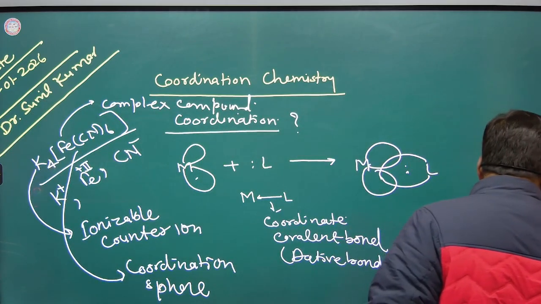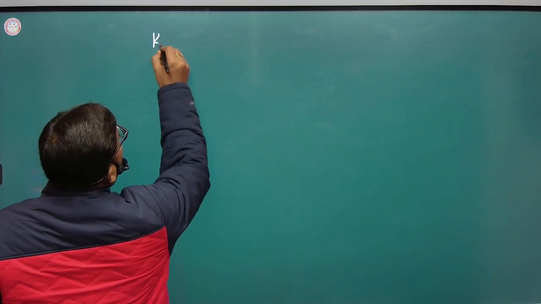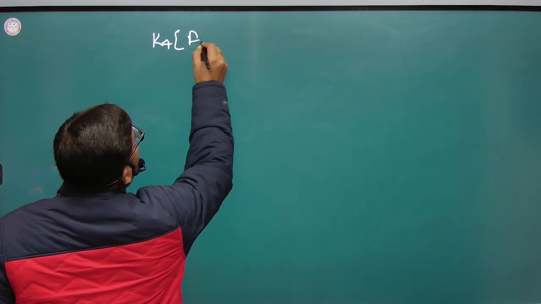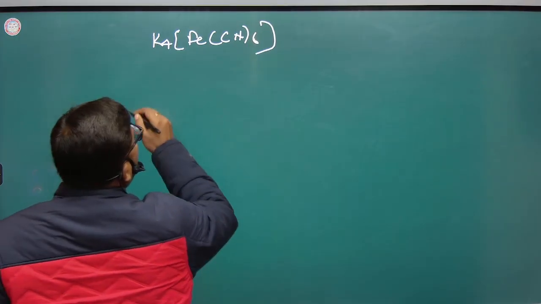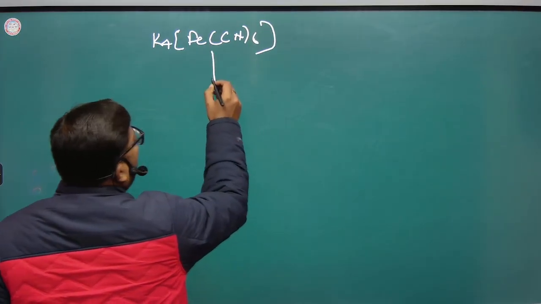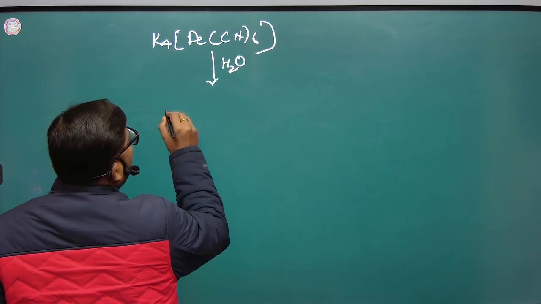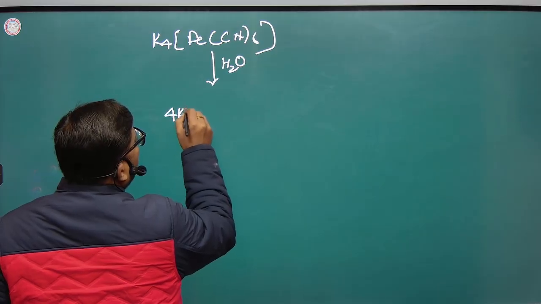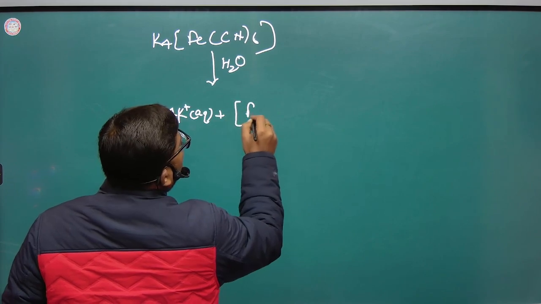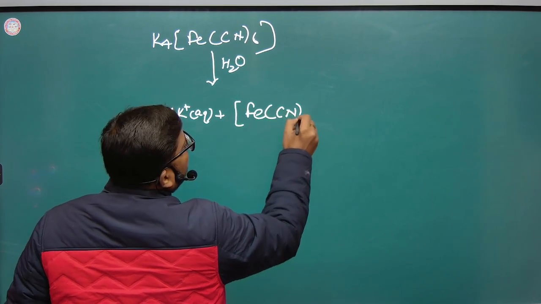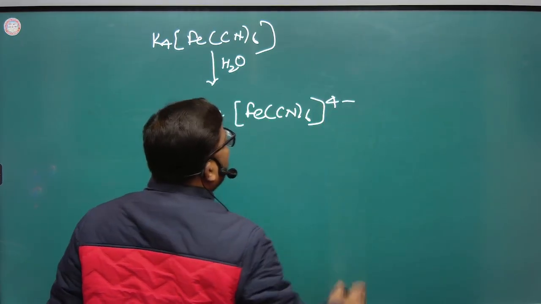Now in the next page, this K4[Fe(CN)6], once it is dissolved in water, partially ionizes to 4K+(aq) plus [Fe(CN)6]4-, right?